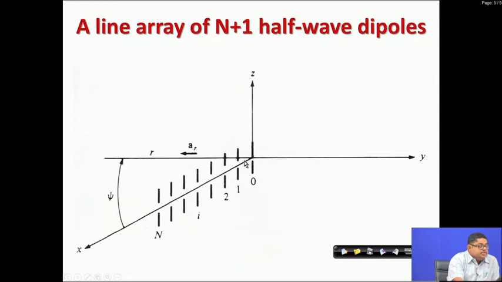Okay. So, the array axis is x, and from that, at an angle psi, we have the observation point. Here is the unit vector.